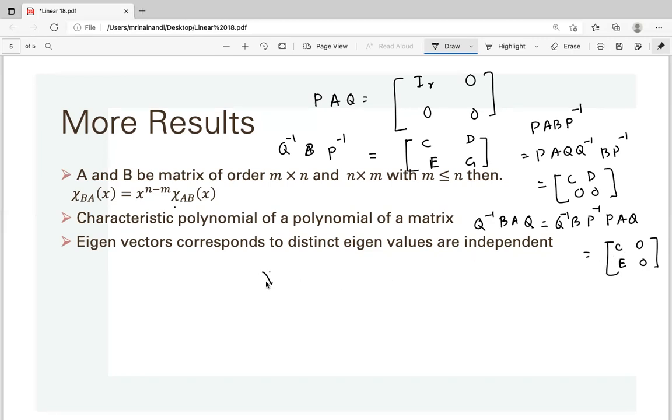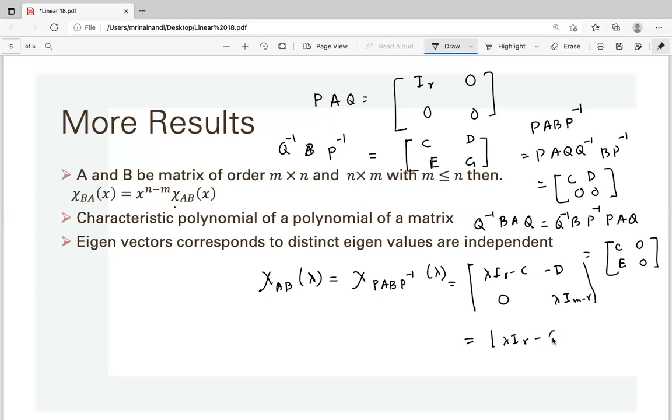And from that you find that the characteristic polynomial of AB, with lambda as the variable, is the characteristic polynomial of P A B P inverse, and that is just the determinant of lambda I r minus C, times lambda I m minus r determinant, which is lambda I r minus C times lambda to the power m minus r.